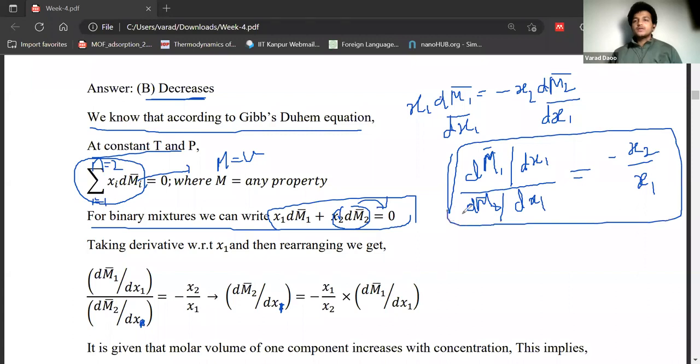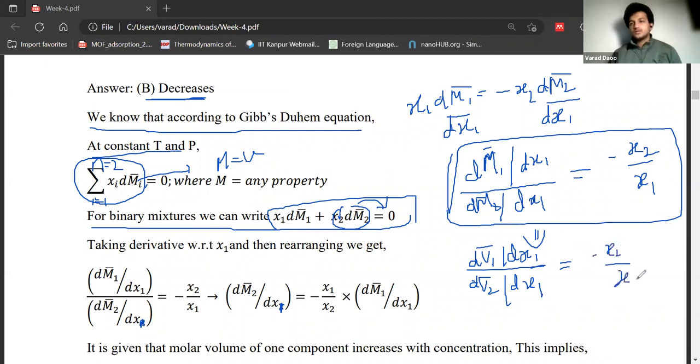So it has been given that m1 bar, so for v, we just have to replace m by v. So for that also I'm right. So it will be dv1 bar by dx1 divided by dv2 bar by dx1 is equal to minus of x2 by x1.